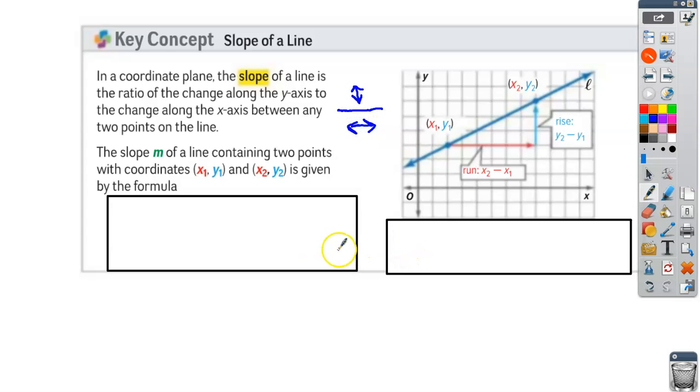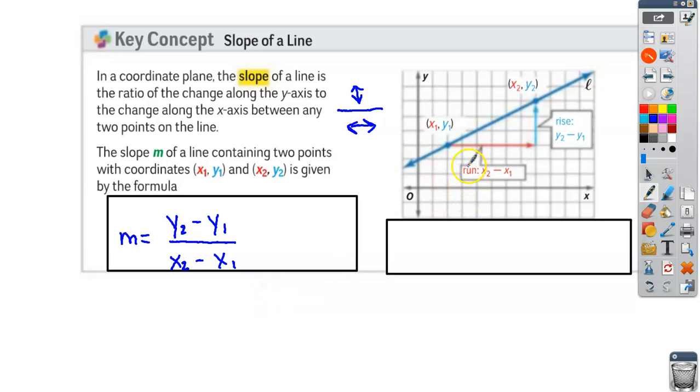And we have a nifty formula for that. Slope m of a line containing 2 points with the coordinates x1, y1, and x2, y2 is given by the following formula. m equals y2 minus y1 over x2 minus x1. That is your slope formula.